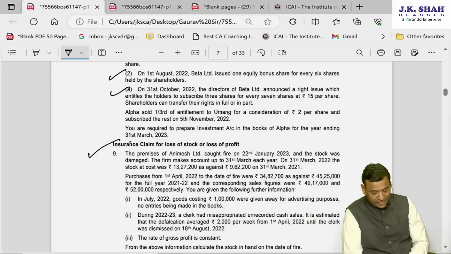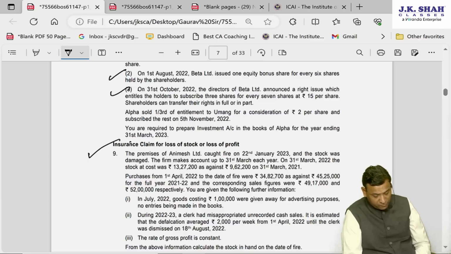On 31st March 2022, the stock at cost was 1372 as against 9,62,000 on 31st March 2021. Purchases from 1st April to the date of fire was 34,82,700 as against 45,25 for the full year of 21-22 and corresponding sales figures 49,17 and 52 respectively.